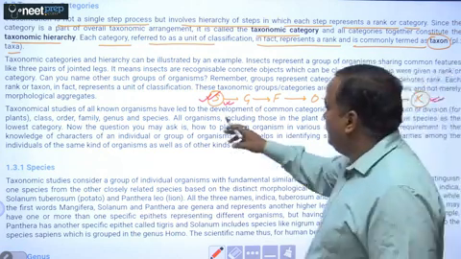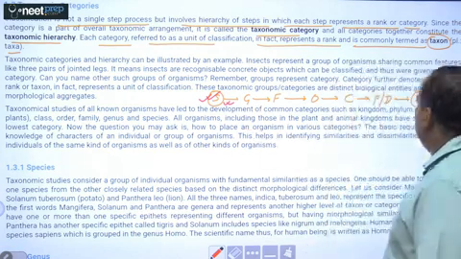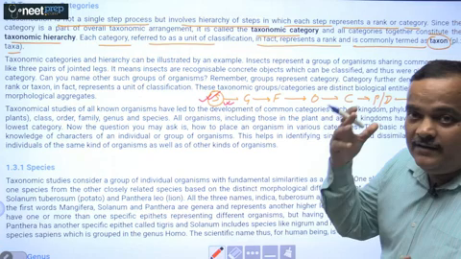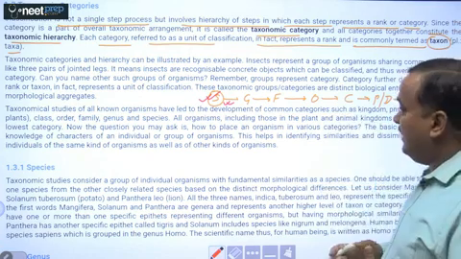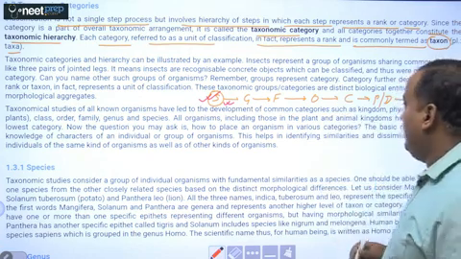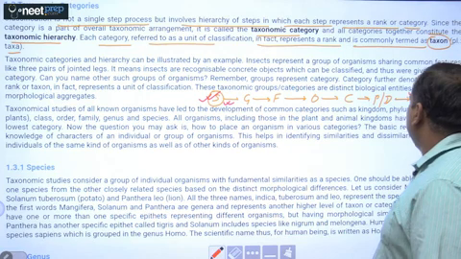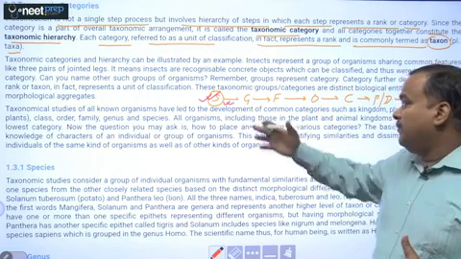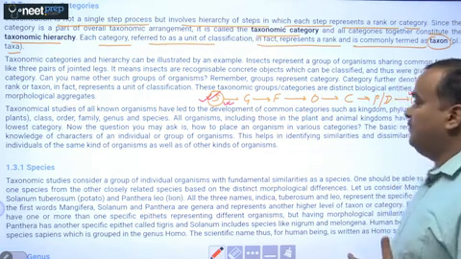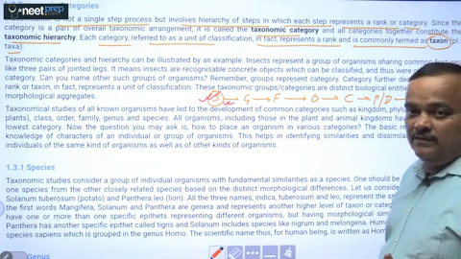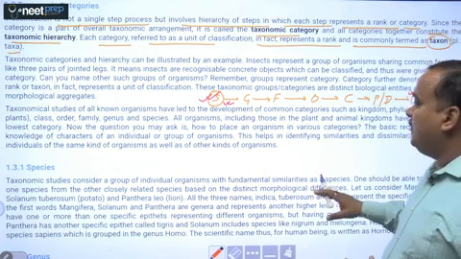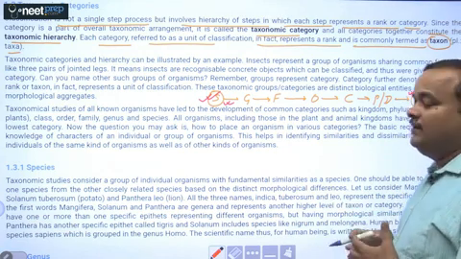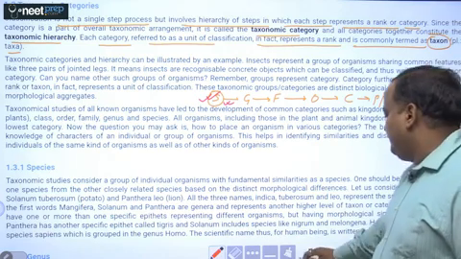So as we move up in the taxonomical hierarchy, the number of common characters keeps on decreasing. Whereas in terms of number of individuals, the maximum number of individuals is present at the level of kingdom and the minimum at the level of species. So these are the 7 obligate categories. Now we will discuss each category one by one.